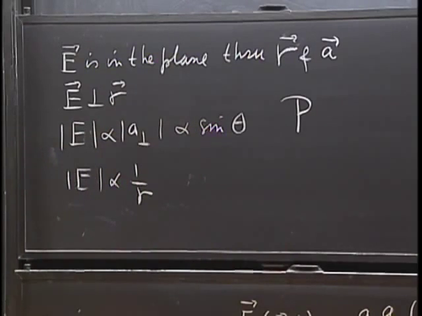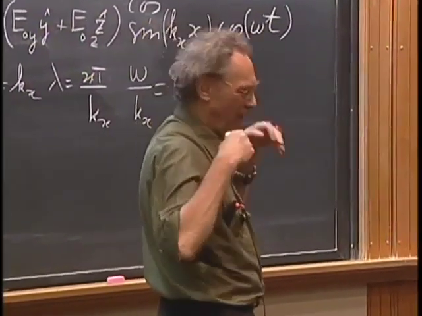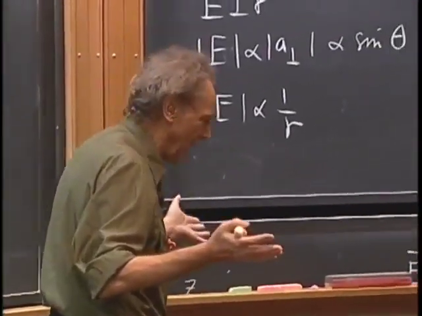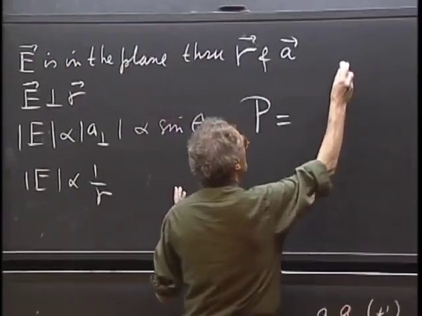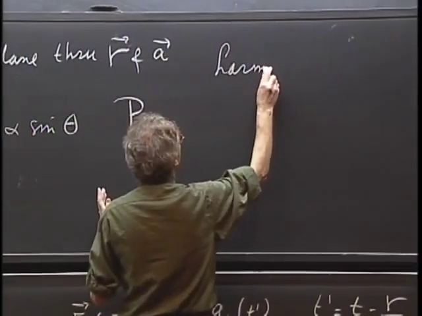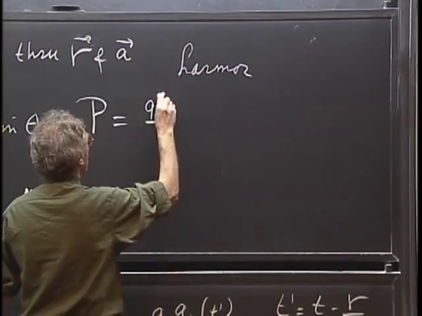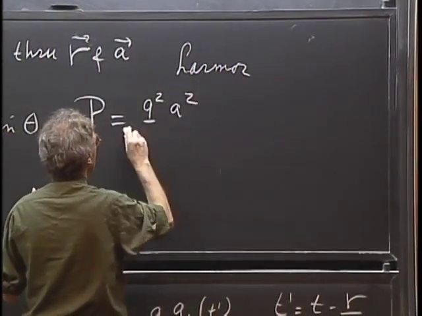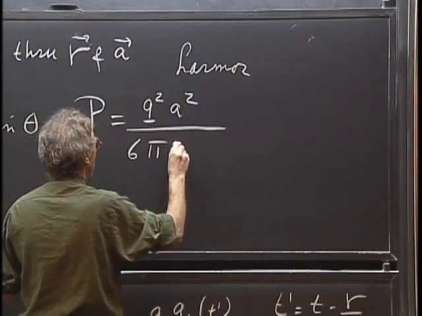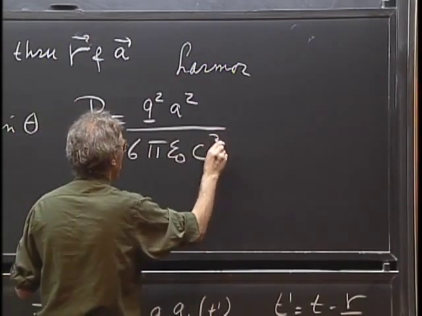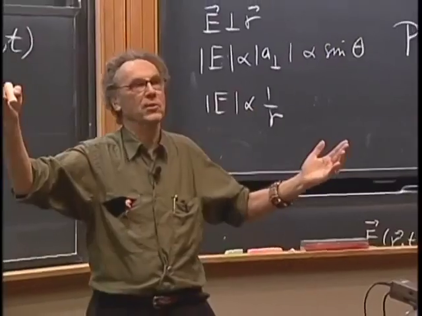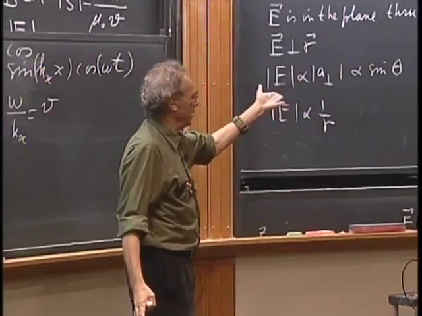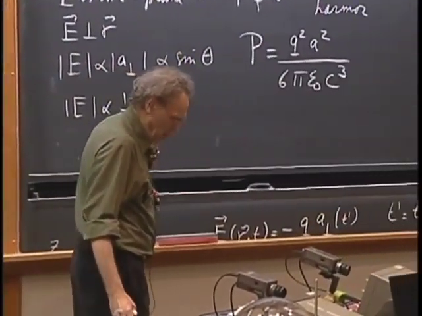In other words, you tell me what Q is, you tell me what A is, you are creating electromagnetic radiation, I will tell you how many joules per second of work you have to do. That's called the Larmor result, the Larmor equation, and that becomes Q squared times A squared divided by 6 pi epsilon 0 c to the power 3. Notice there is no R anymore, because clearly it's independent of where you are in space.